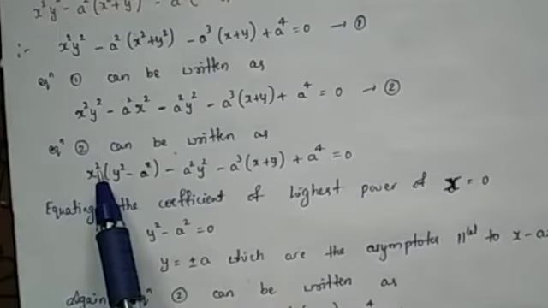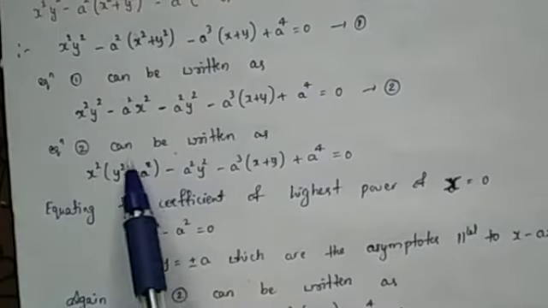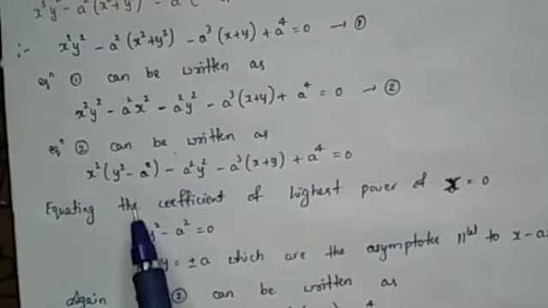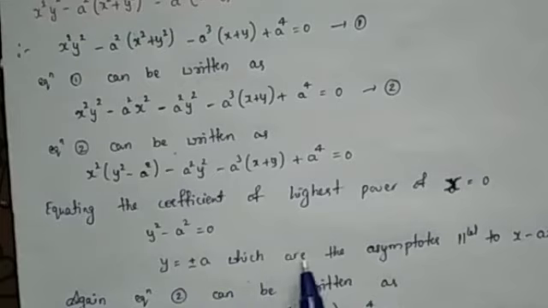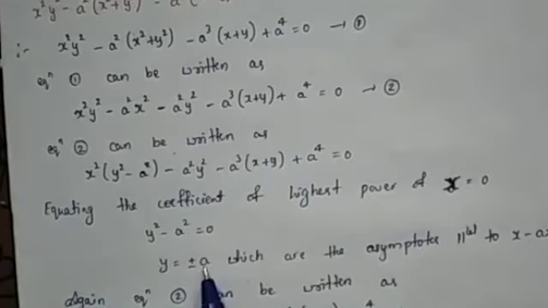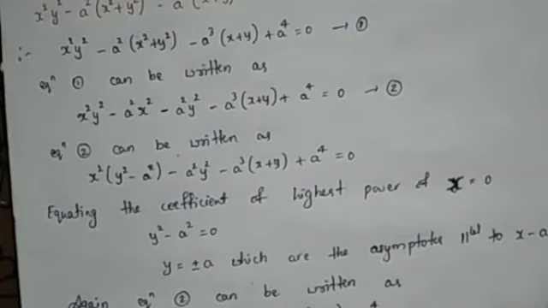Highest power of x is x square, its coefficient is y square minus a square. You equate y square minus a square is equal to 0, then you get y is equal to plus or minus a, which are the asymptotes parallel to x axis. y is equal to plus a and y is equal to minus a, two asymptotes parallel to x axis.